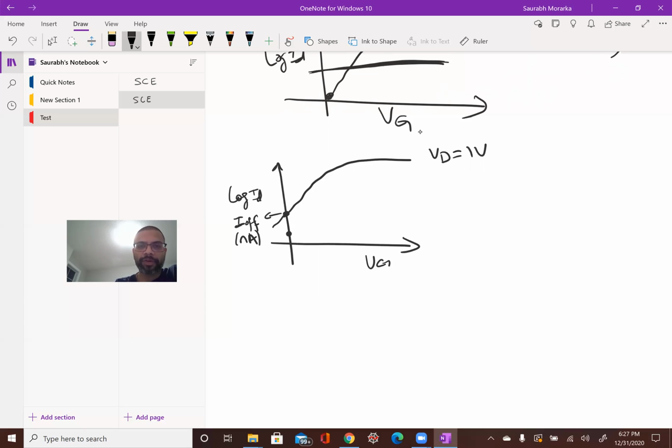And because of the short channel effect being bad, it ended up being at this point, right? So what are the choices that a device designer has to be able to bring the leakage current down, right? The one thing that he can do, which is of course advisable, is to make the short channel effect good, which will make the curve look something like this, right?